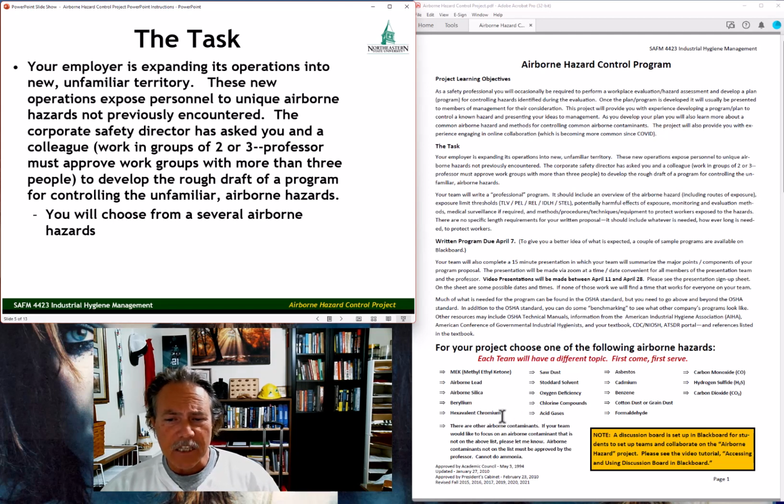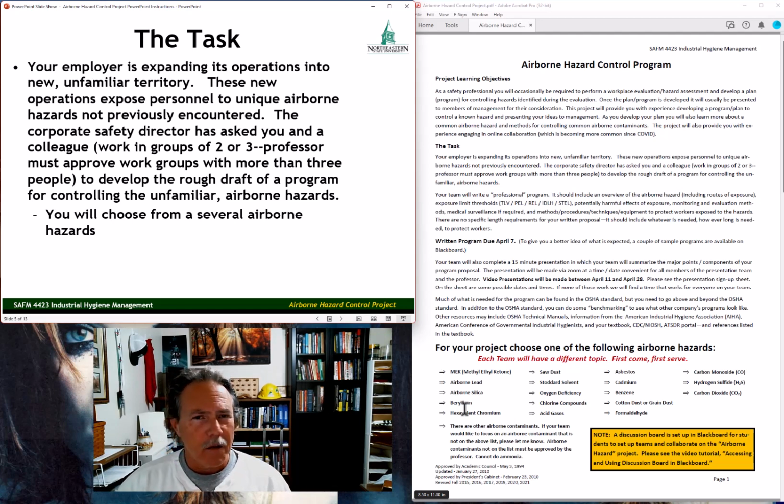Now, the 18 that I do have here, these are some of the more common airborne hazards that you see in a lot of different workplaces. And when I say airborne hazards in a lot of different workplaces, we're talking about manufacturing, all types of manufacturing, tire manufacturing, oil and gas refining, chemicals processing. We're talking about construction, all types of construction operations.